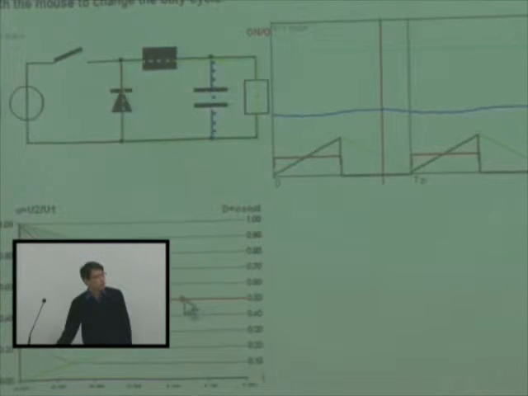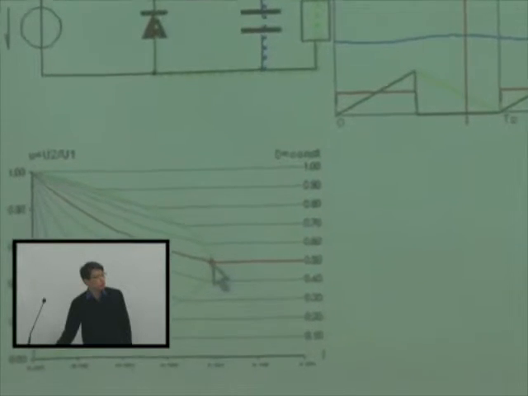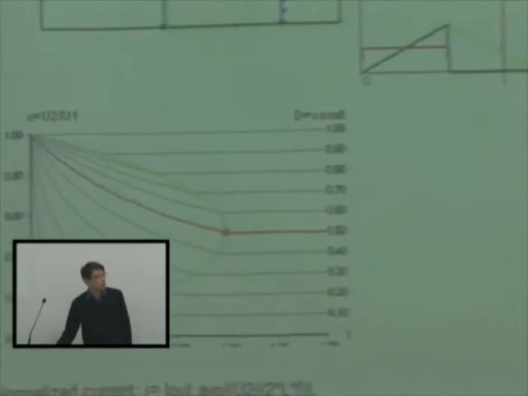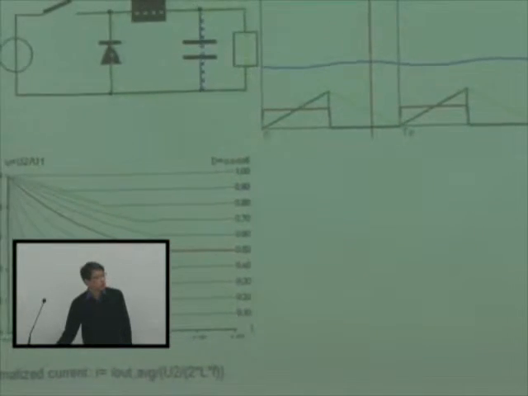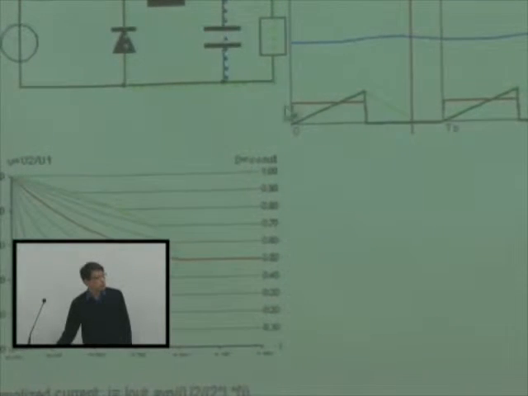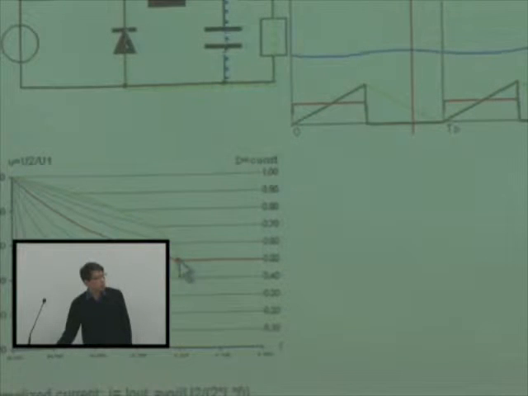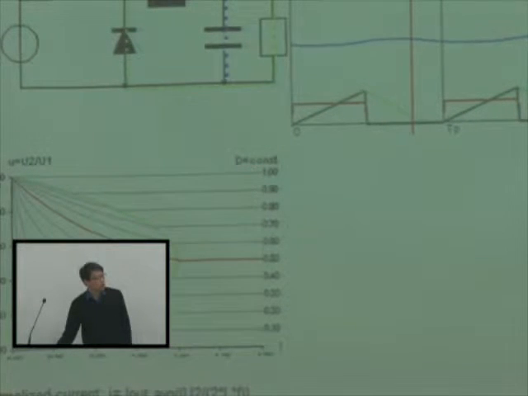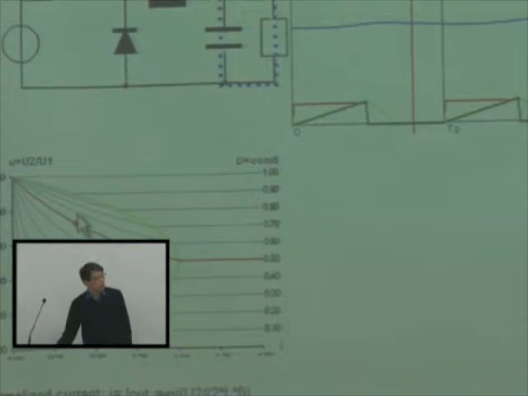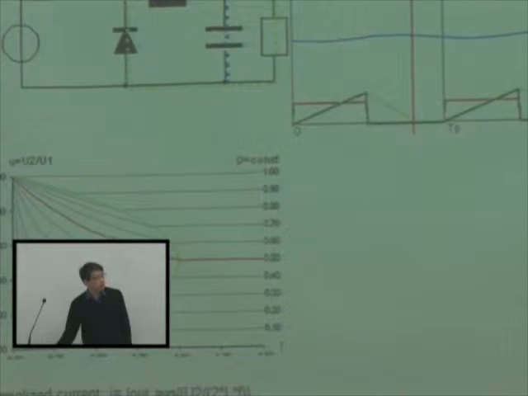Now, if I reach the boundary mode, here, and if I move into discontinuous conduction mode, then I have some zero state. Here is the boundary, and I move into the so-called discontinuous conduction mode.